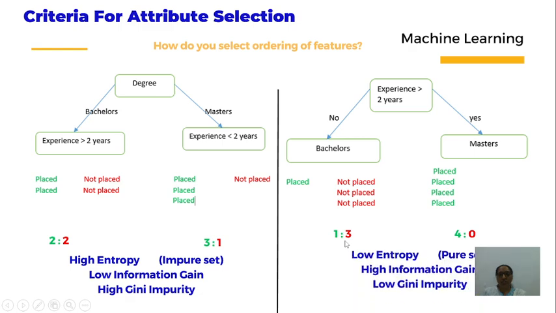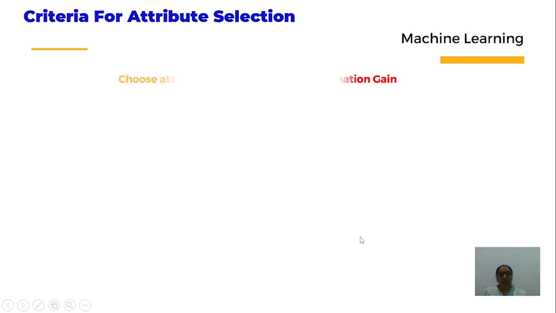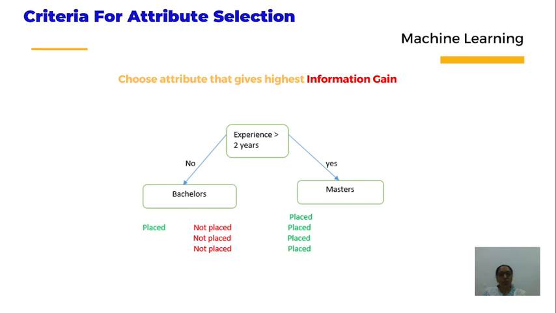On the right hand side, if the experience is greater than 2, yes, and the person has a master degree, then all values are place values and 0 no values. At that time we are reaching the leaf node, or the pure split, and if the split is pure, then we get a low entropy value, and we say we are getting high information gain. The feature which gives the high information gain is the one we will select as the final root node, and based on that we will do the splitting.